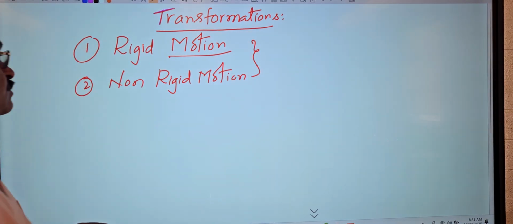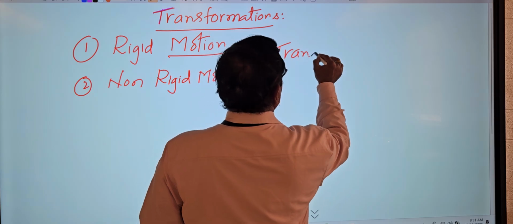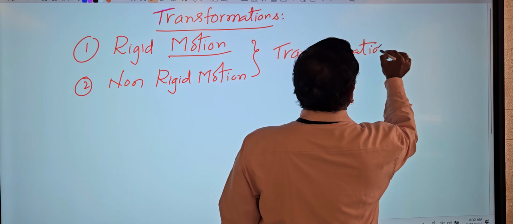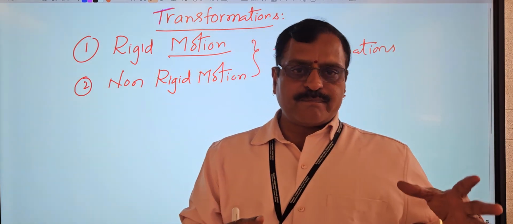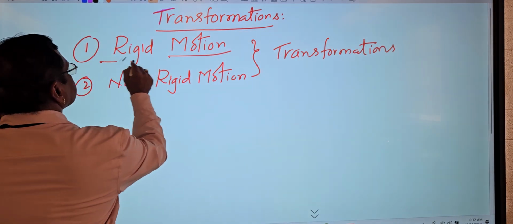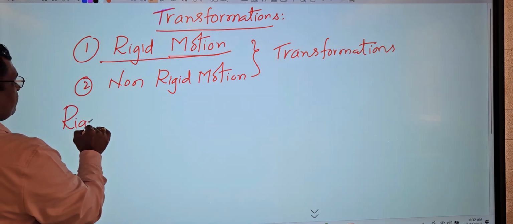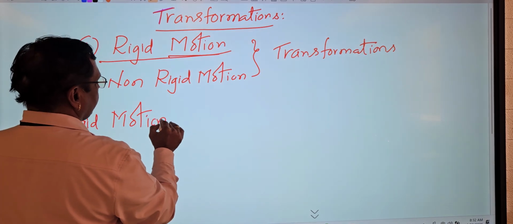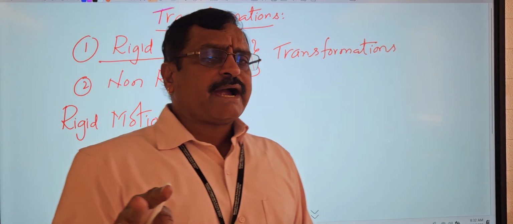Okay. Now these two together are called transformations. Why are these transformations? They transform. Okay. Now rigid motion: in our present lesson, there are three kinds of rigid motions.